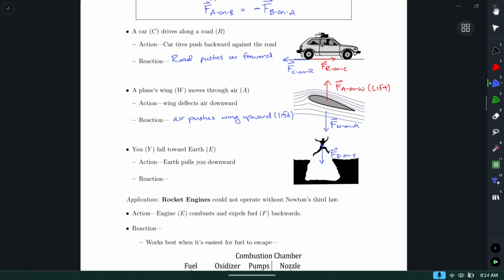What is the reaction to that? Is it that the Earth is somehow pulling you away or pushing you away? Almost. So let's read it the same way we have the others. The force A exerts on B is equal to the force B exerts on A. A exerts on B is Earth on you. What's B on A?